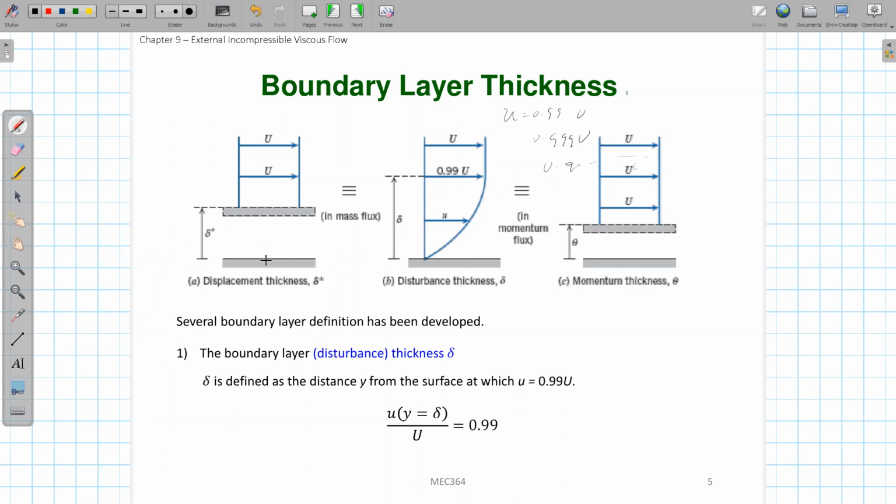Because we know that if you move the plate up, right, so that if you still integrate from 0 to infinity, actually you remove some mass flow rate. So the mass flow rate you reduce in this region will be equal to the mass flow rate reduced due to the existing boundary layer. Basically, because rho is constant, right? If you integrate this area u velocity on y, so this area will be equal to the area here.